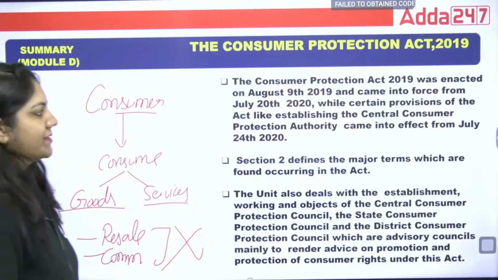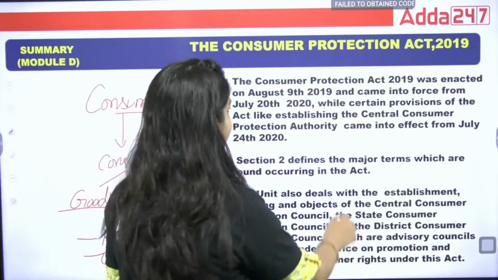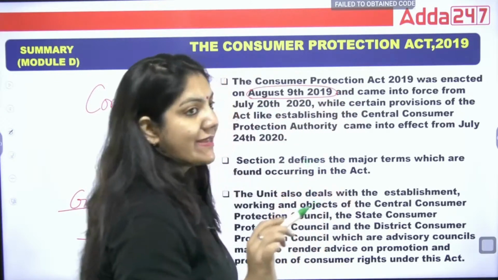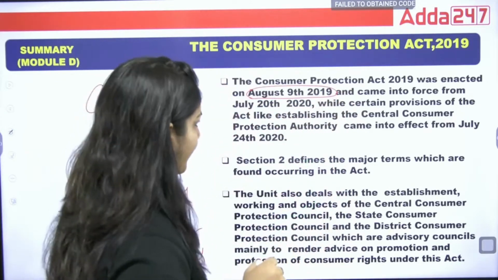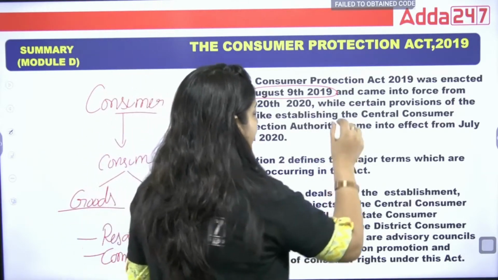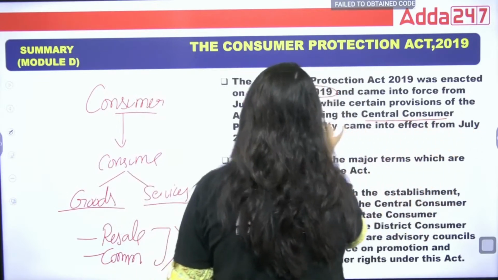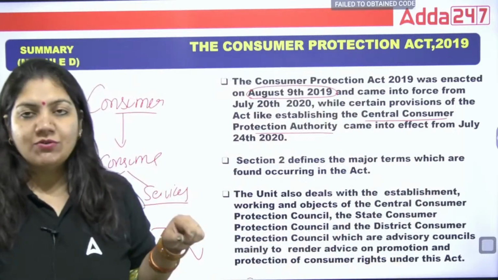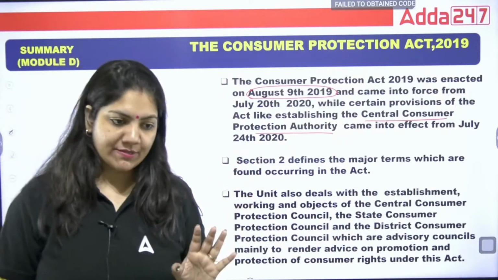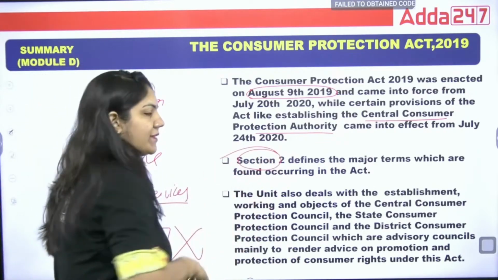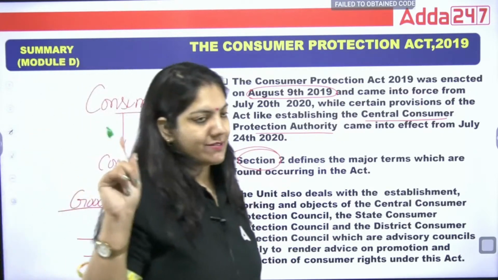So the Consumer Protection Act, as you can easily see, this amended act came into picture on 9th August 2019, while certain provisions of the act came later. In 2019, the Central Consumer Protection Authority came into picture. This authority was not there in the 1986 Act. Section 2 defines the various definition terms that we have already discussed.